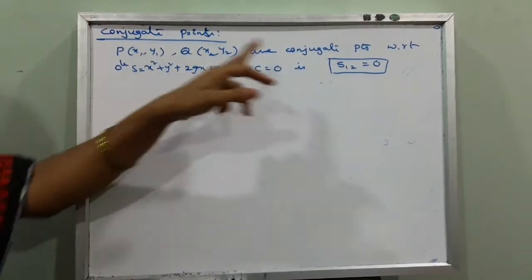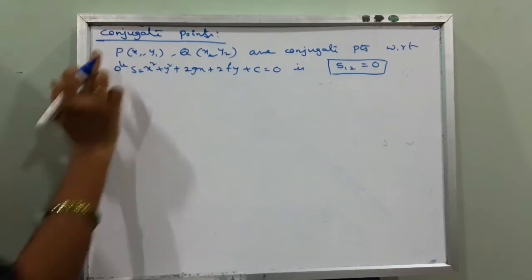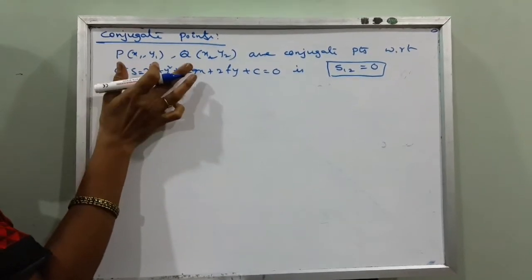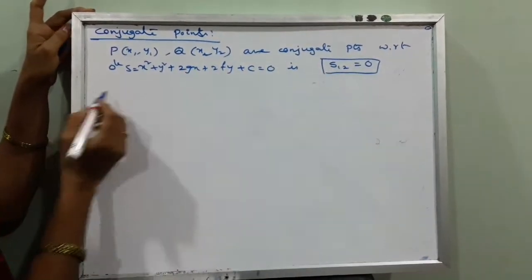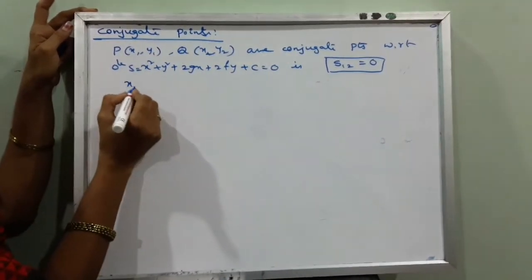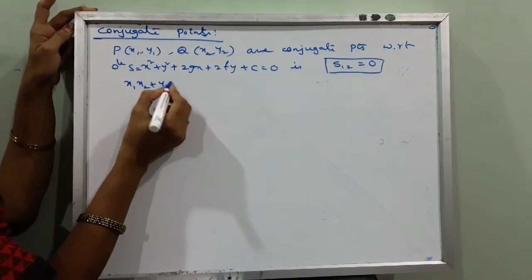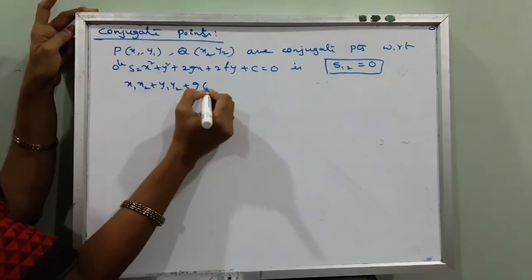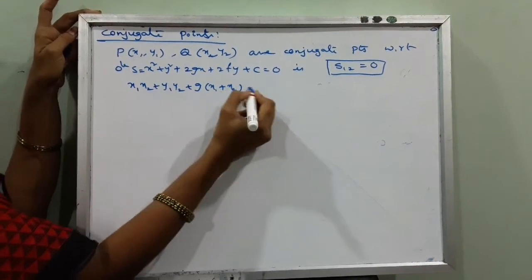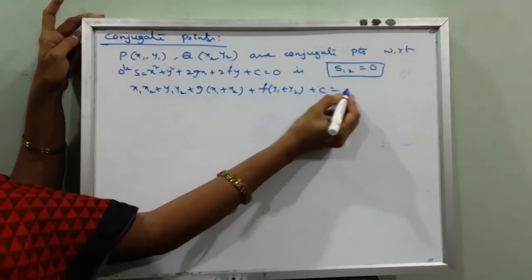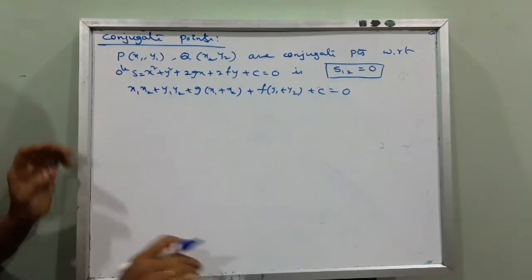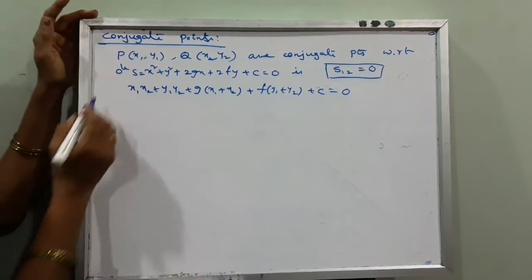Here P and Q are conjugate points, that is, P lies on the polar of Q, and Q lies on the polar of P. Here S12 is equal to 0. S12 is nothing but x1 x2 plus y1 y2 plus g(x1 plus x2) plus f(y1 plus y2) plus c is equal to 0. This is the form of conjugate points.